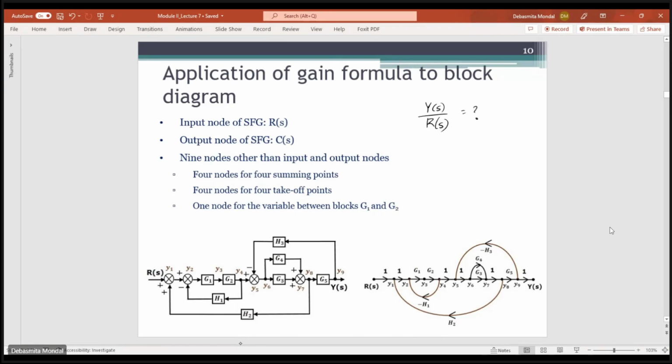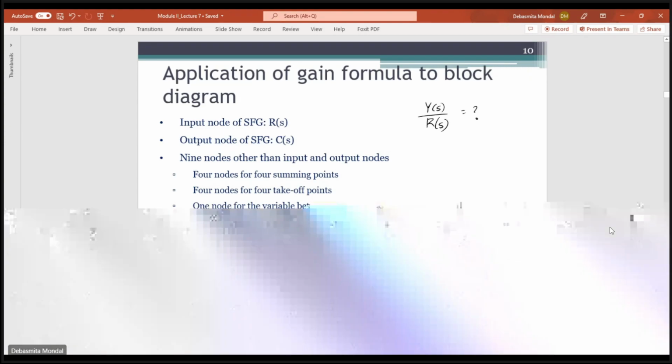So you end up with a total of 9 nodes other than the input and the output nodes. So Rs is your input, Ys is your output. Apart from that, you just draw the 9 nodes, Y1 to Y9.